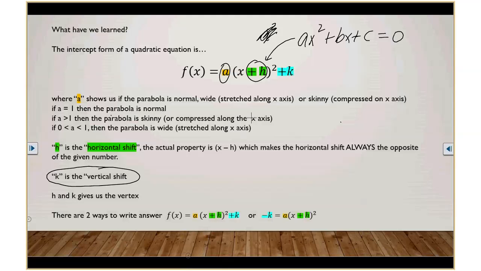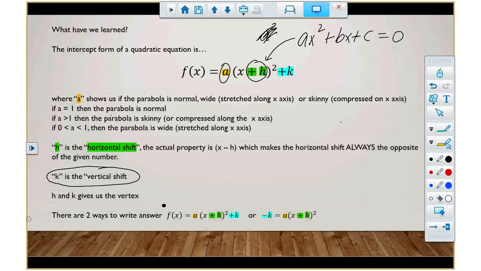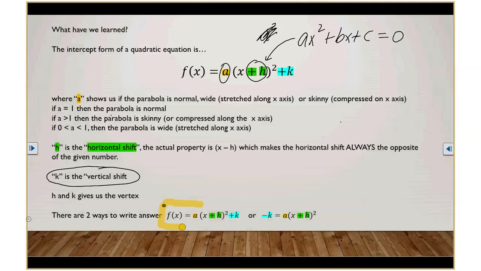Now, when we get to completing the square, you're going to see that there's two ways to write the answer. One is in intercept form, like this. This is intercept form. And the other is general form, like that. And we'll get to that when we get to completing the square.